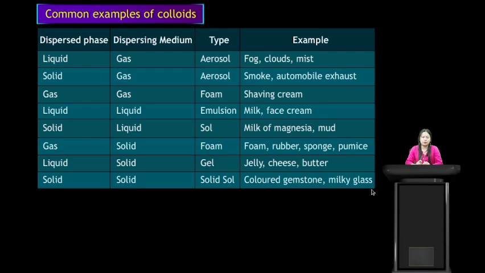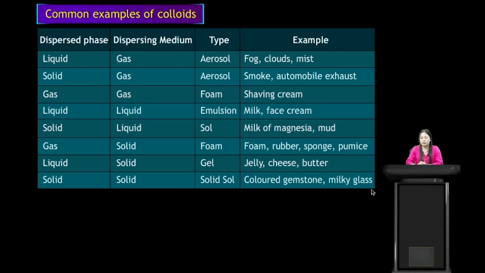The first property of colloids we have discussed is that colloids or colloidal solutions are heterogeneous mixtures. The particles of the colloidal solution are relatively smaller than the particles of suspension, and that is why we cannot see the particles of colloidal solution with our naked eyes. That is the second property.